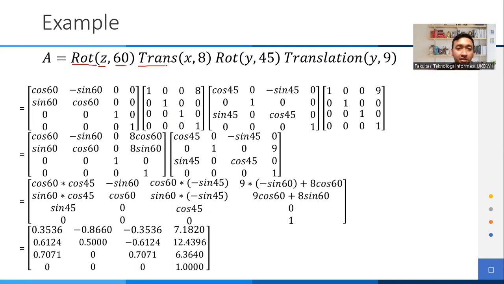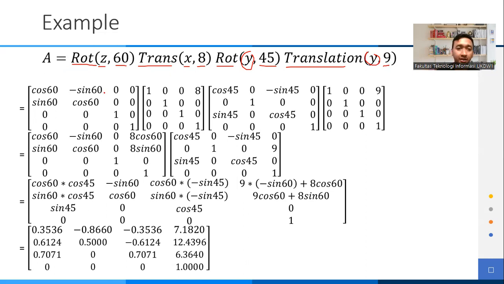After that, I translate in the x-axis with 8, and then I rotate again in the y-axis for 45 degrees, and translate again in the y-axis with 9.